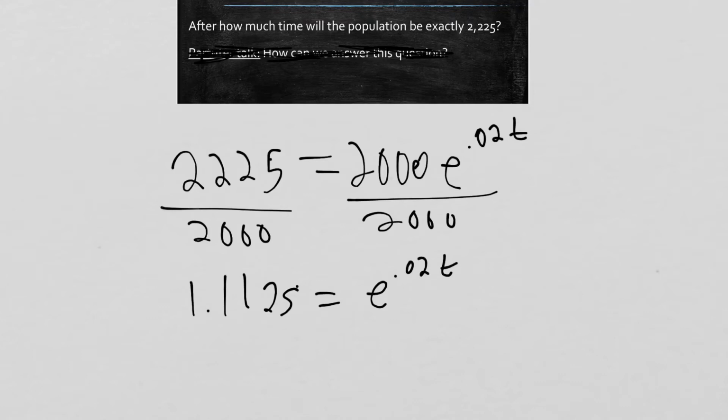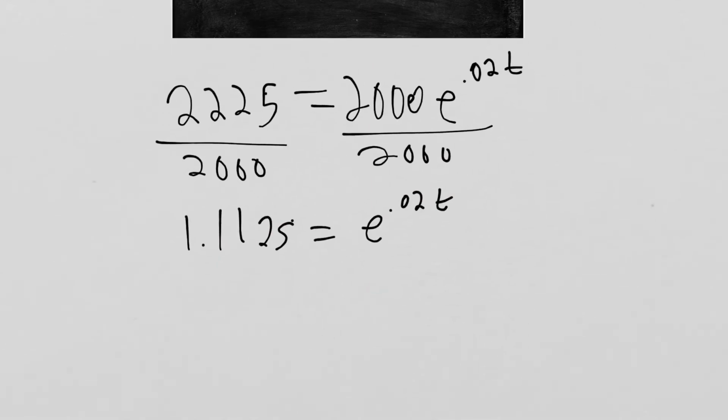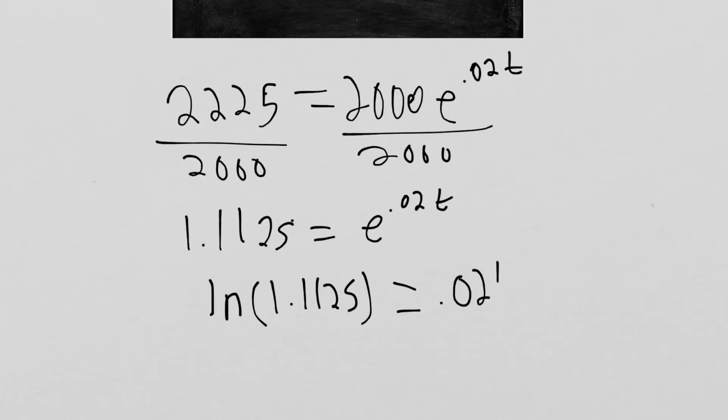All right, so this is where we now need to apply our inverse, because what this equation is saying is e to the 0.02t is equal to 1.1125. We don't know what this is, but we do know what this is, right? So if we're going to solve, we're going to now convert this to a logarithm, right? So it's going to be a log of base e, so natural log, okay, of 1.1125, and that's going to be equal to 0.02t.